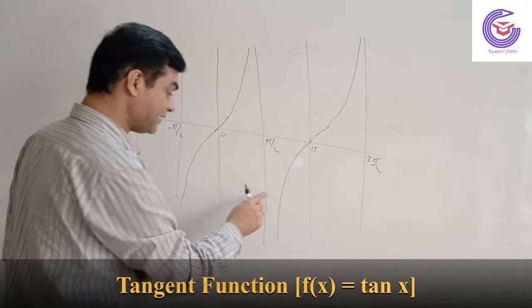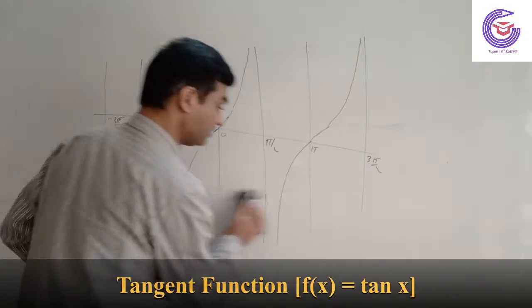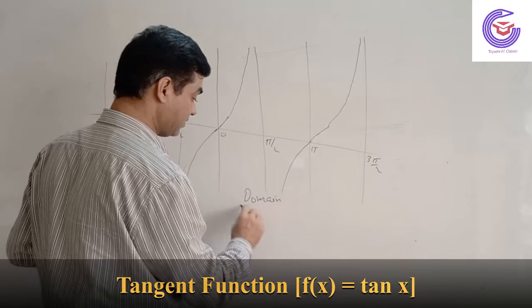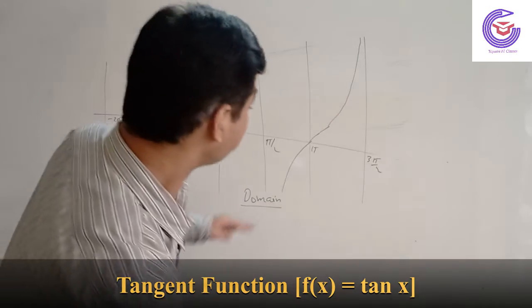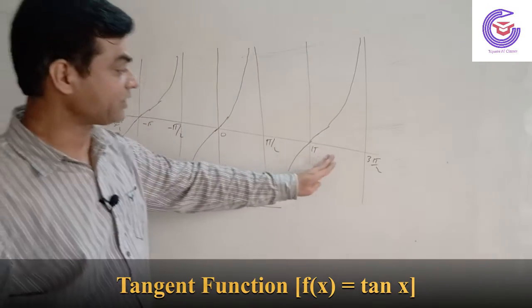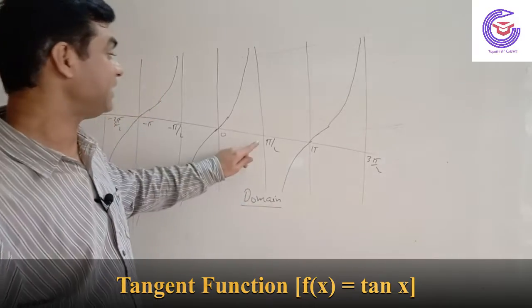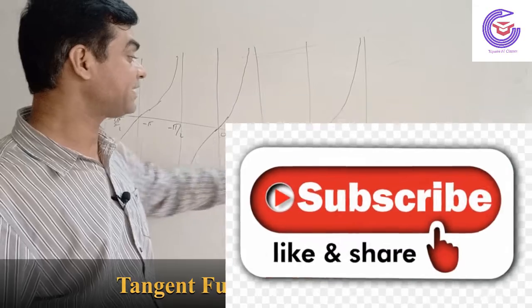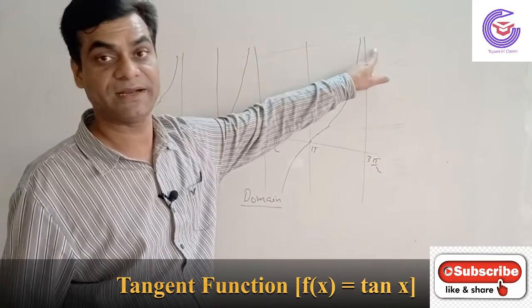What is the domain of this graph? What is the domain? Domain is, see here you are getting y for each x except when x is pi by 2, because for pi by 2 it is not defined. Similarly 3 pi by 2 is not defined.